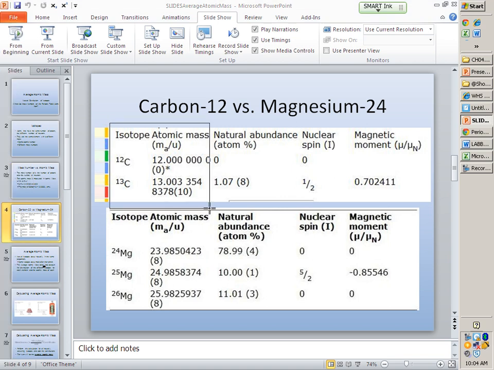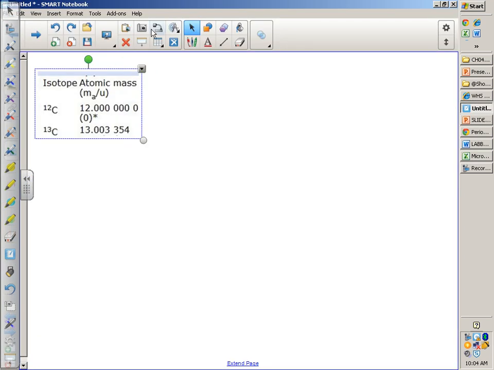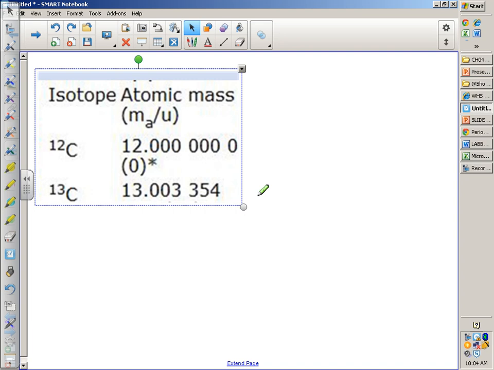So here's a chart, and I'm only going to show you a certain part of this chart. This part right here. And this chart compares 2 atoms for us, carbon-12 and carbon-13. But before we can compare carbon-12 and carbon-13, we have to first identify some characteristics of carbon-12 and carbon-13.